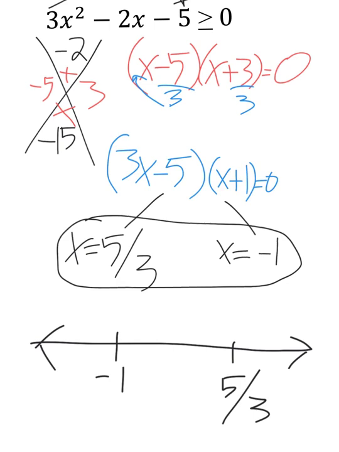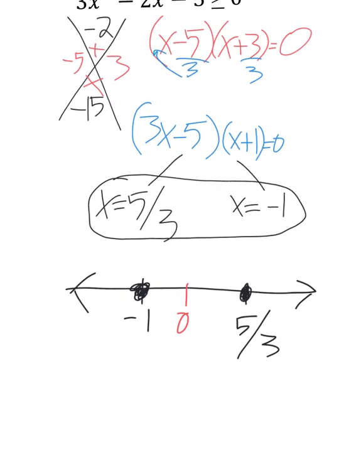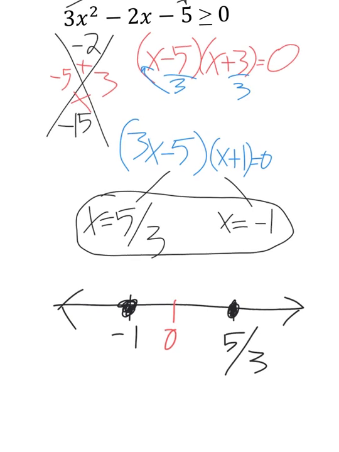And so since this is greater than or equal to, I know I have solid dots here. All right. And so I'll do what I did before, test the number that's in between these two values. I know that 0 is in between -1 and 5 over 3. So I'm just going to test 0 again. So I'm going to plug it into the original equation, which was 3x squared minus 2x minus 5.